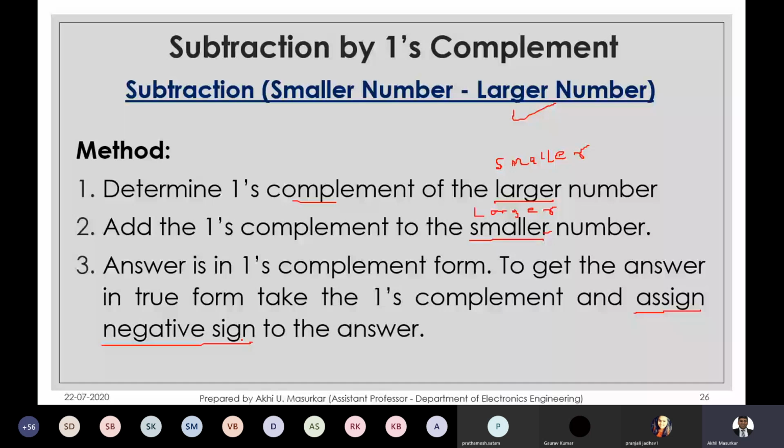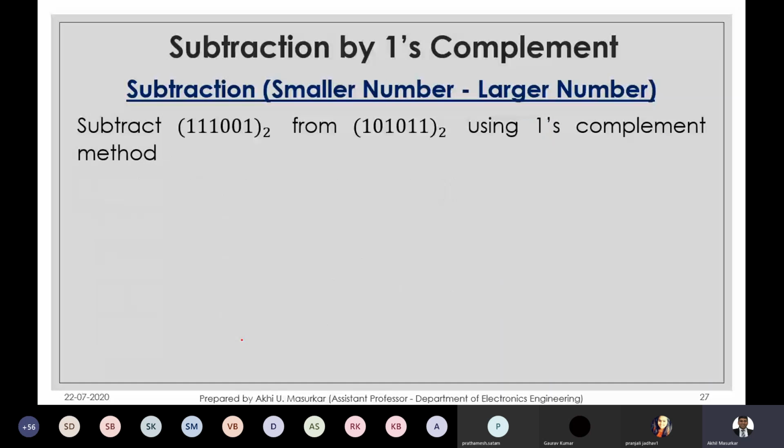So let's see an example. First write down this question. Subtract 111001 from 101011. I have taken the same numbers but the other way around. I have taken the same numbers, 57 and 43, but the other way around.